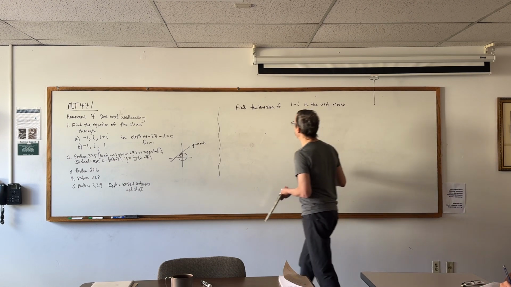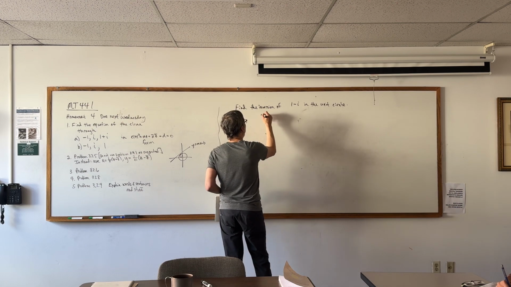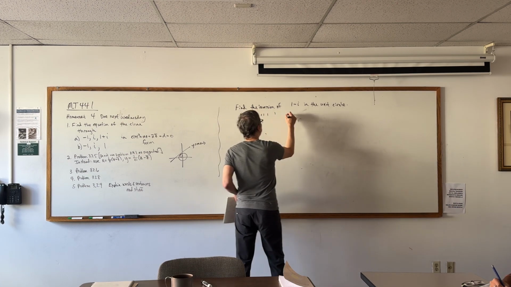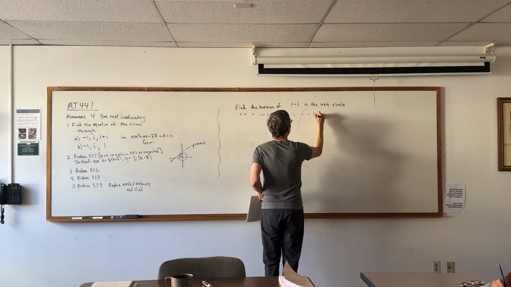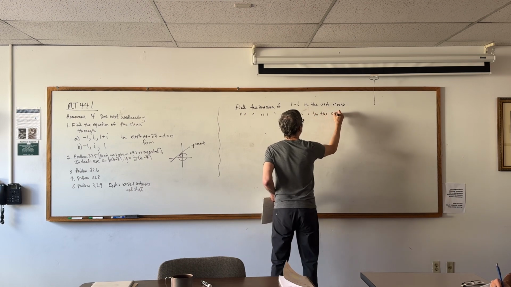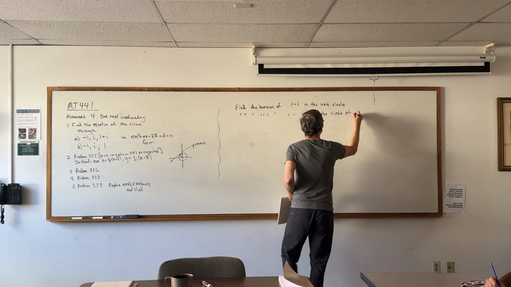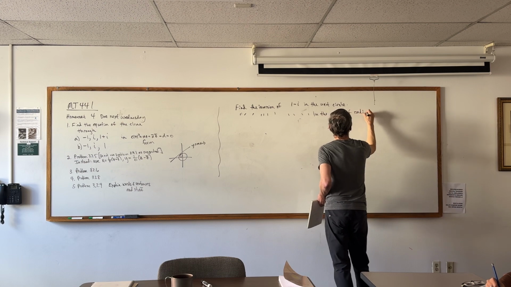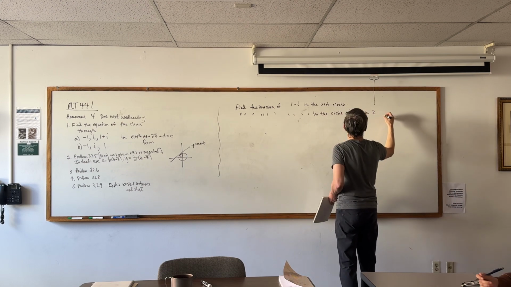And then find the inversion of 1 minus i in the circle of radius 2 centered at the origin.